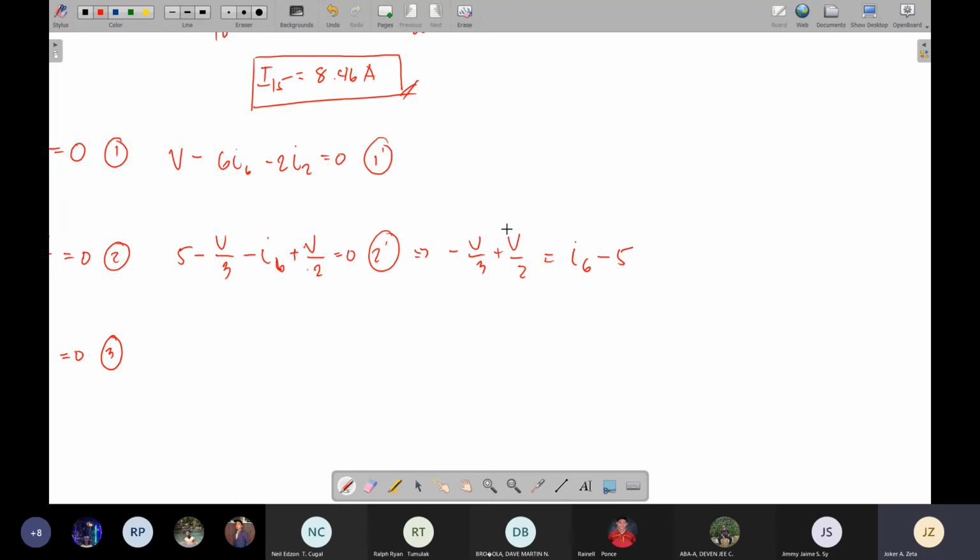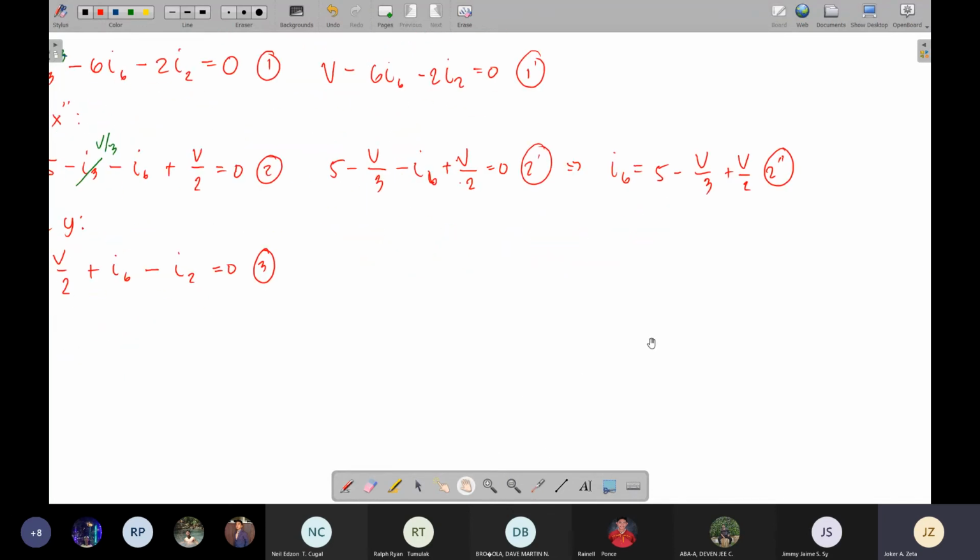Since V man may pangitaon, ang V ayaw ibalhin, ang I6 ang akong ibalhin. So, I6 is equal to 5 minus V over 3 plus V over 2. So, let's call this equation 2 double prime.